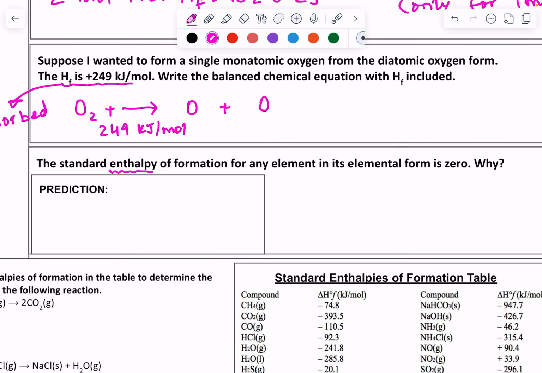However, when we are talking about elements, they exist in nature like that. So we don't need any energy to form them. So elements occur in nature. So no energy required to form them.